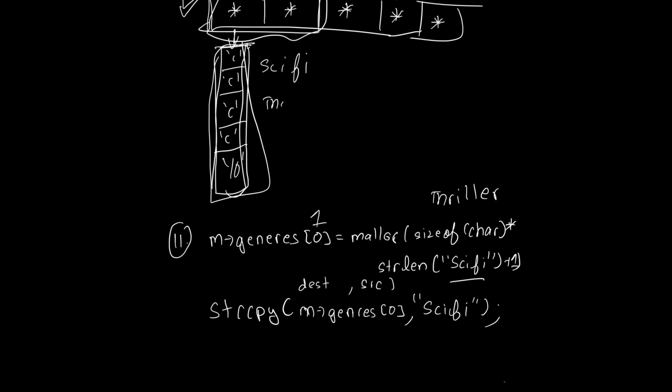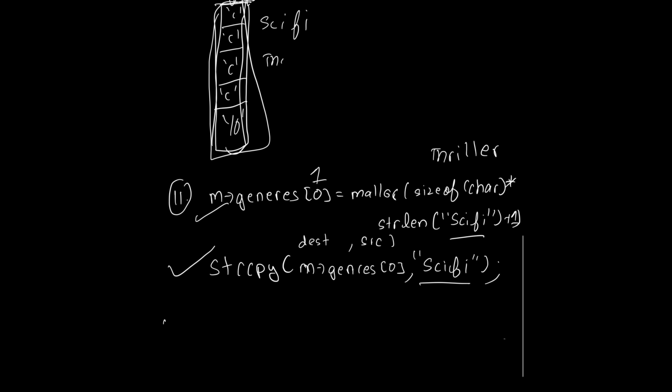And then we have created the space, and now in this empty space I'm assigning it the value sci-fi, which is just a character array. So that's the problem. There's the same problem in line number 12, but I want you to try solving this on your own.